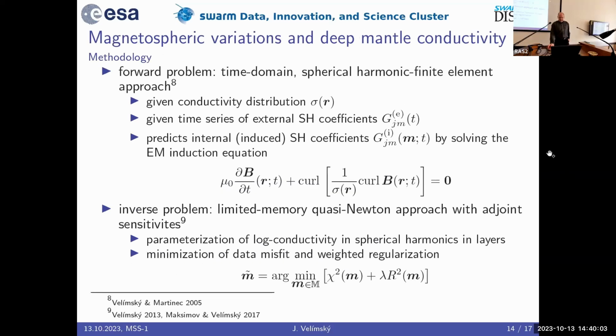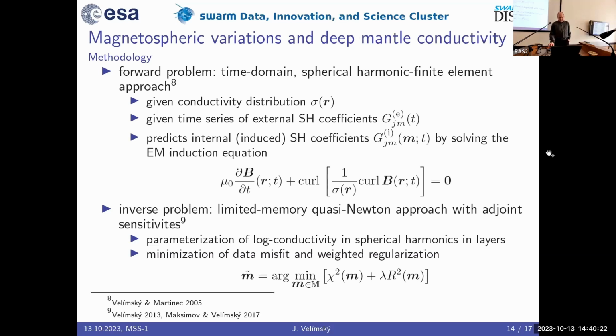The second topic I'm interested in is looking at the deep mantle conductivity, mostly in the lower mantle, using the changes of the magnetospheric field, the time variation of the magnetospheric field. The forward problem is now cast in the time domain, not in the frequency domain.